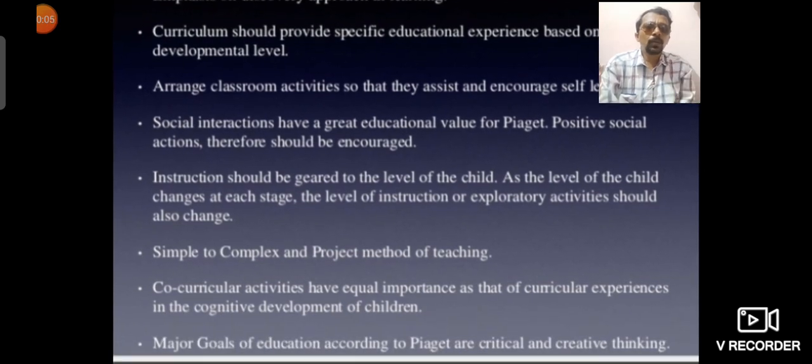Then co-curricular activities have equal importance as that of curricular experiences in the cognitive development of children. Major goals of education, according to Piaget, are critical and creative thinking.